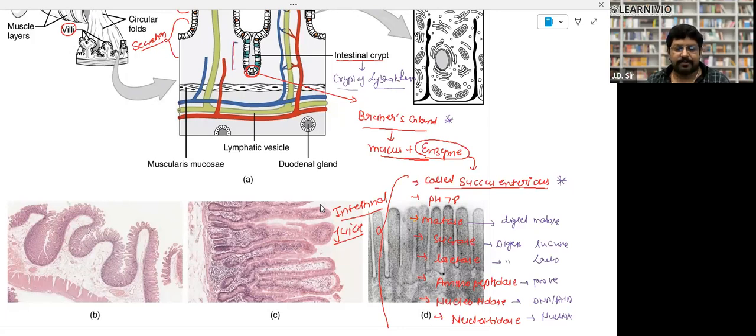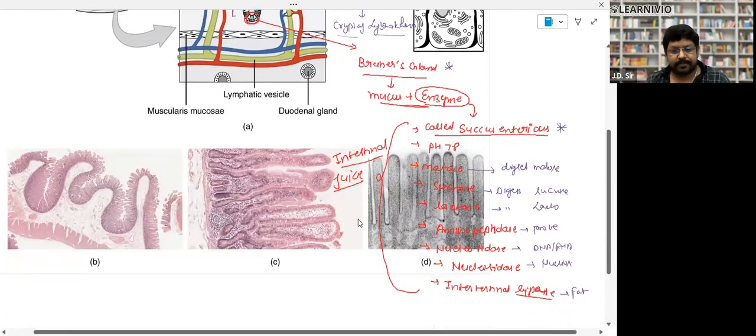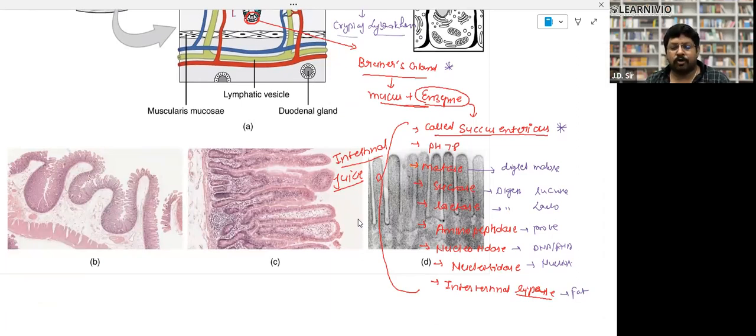This enzyme is a mixture of maltase, sucrase, lactase, aminopeptidases, nucleotidases, nucleosidases, and intestinal lipase.